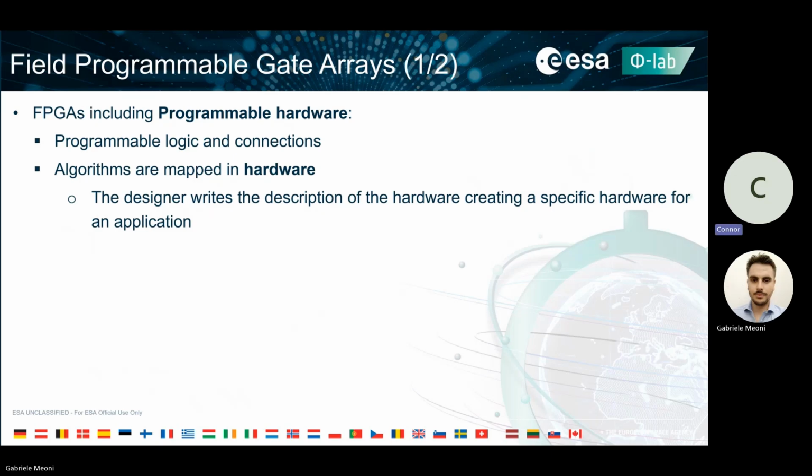So the algorithms that you're going to develop are mapped on the hardware itself. The difference is that if you want to do 3 multiplications with a microcontroller, if you have 1 multiplier, you need to use 3 clock cycles, because you have only 1 multiplier. Here with FPGAs, you can implement 3 multipliers, so you can do everything in a single clock cycle.